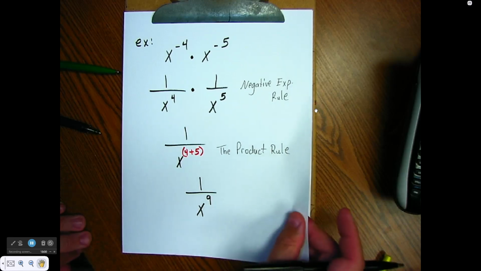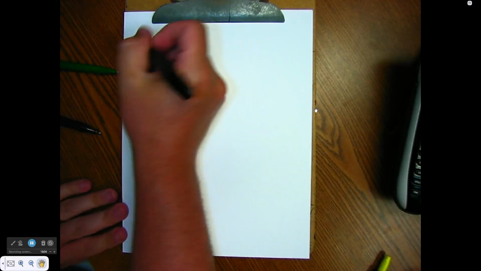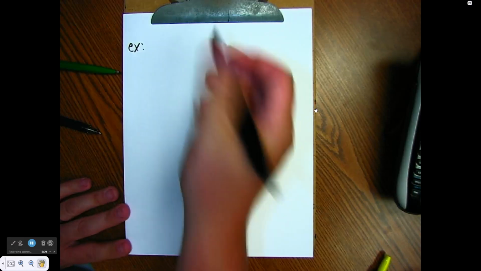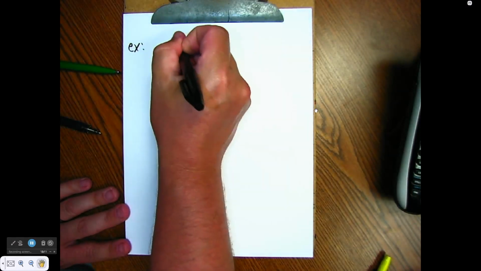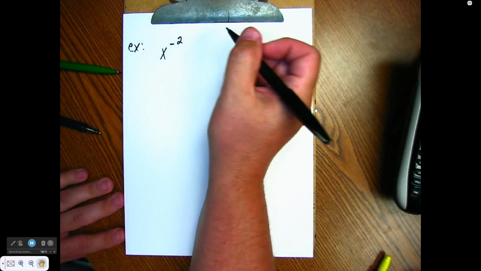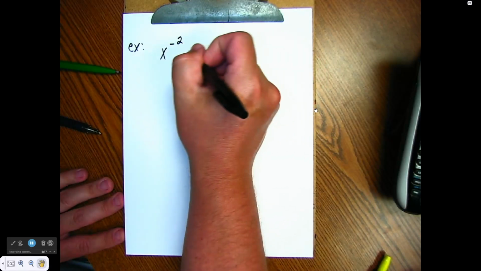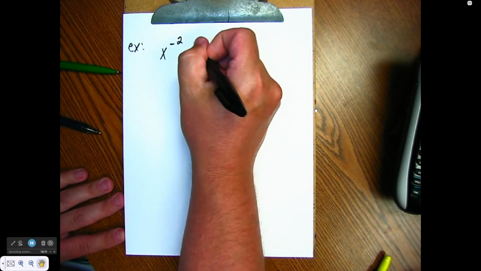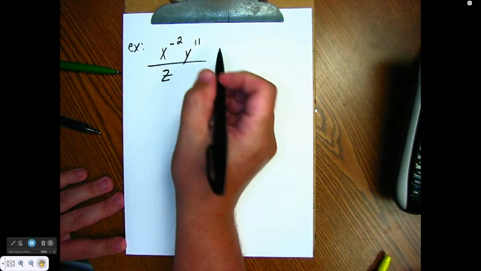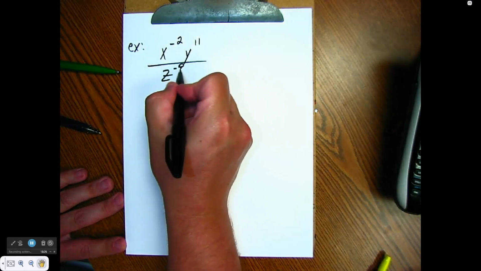Well, let's look at one more example. x to the negative 2 raised to the negative 2 times y raised to the positive 11 divided by z raised to the negative 8.